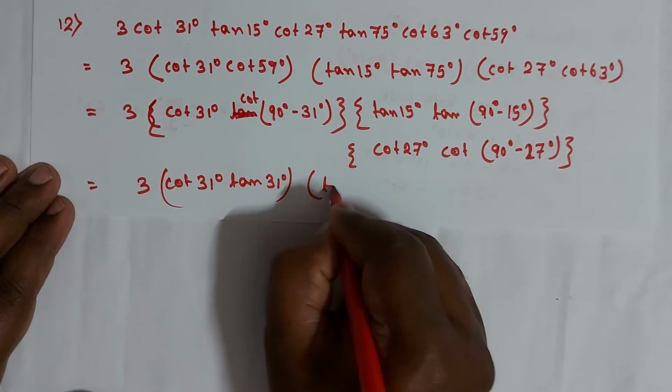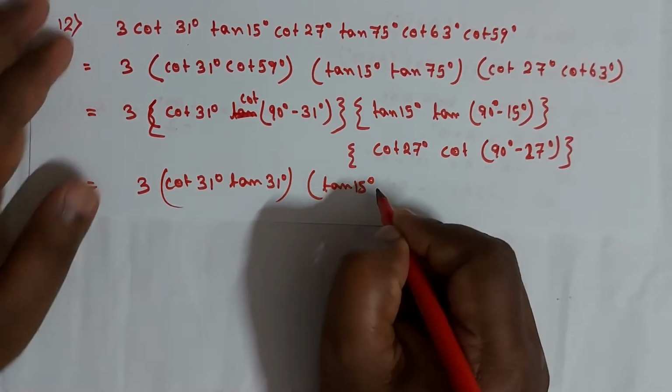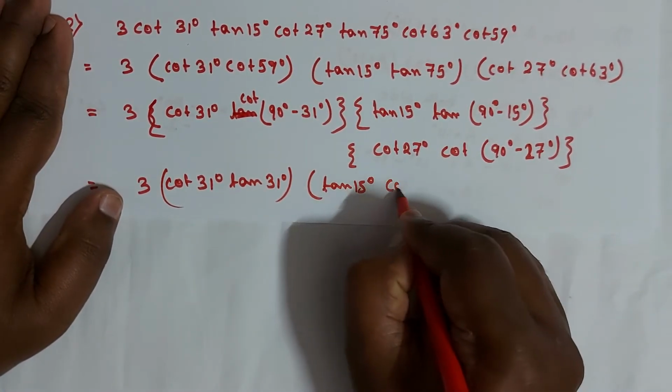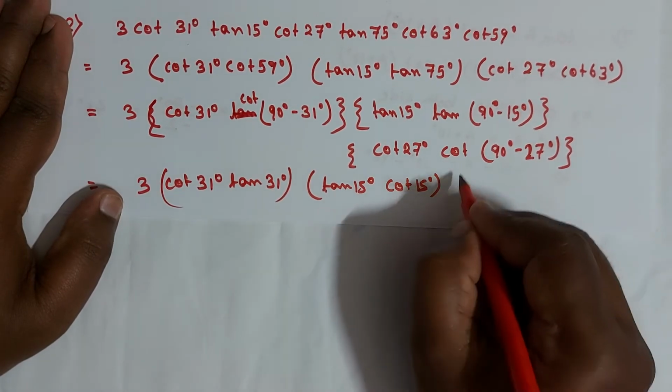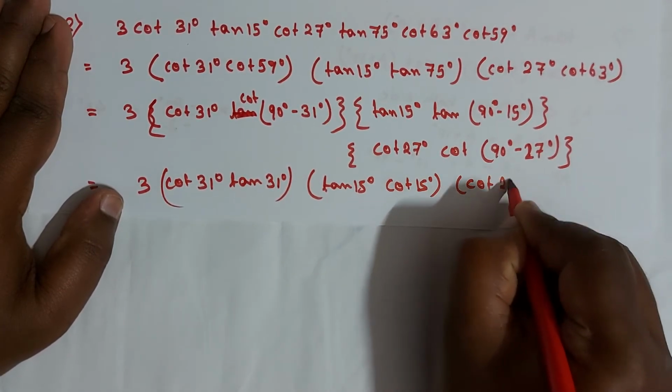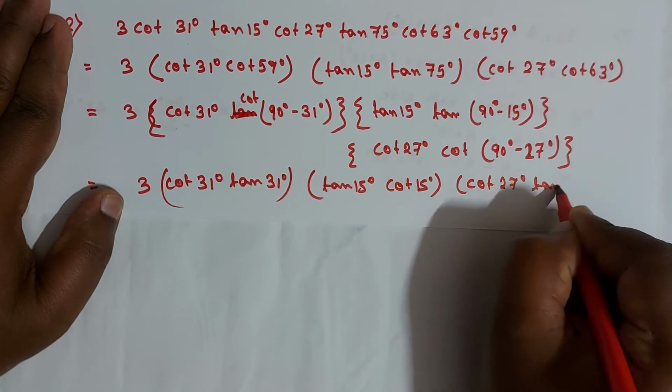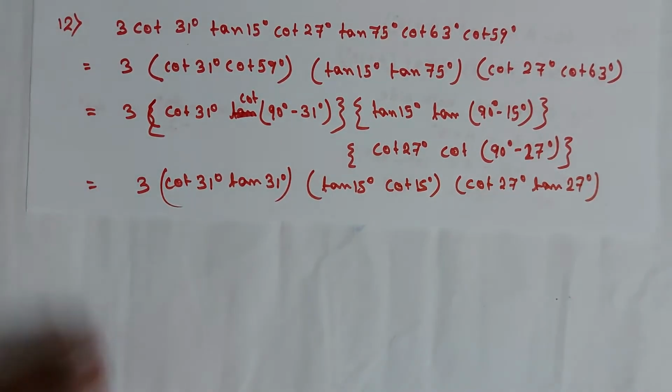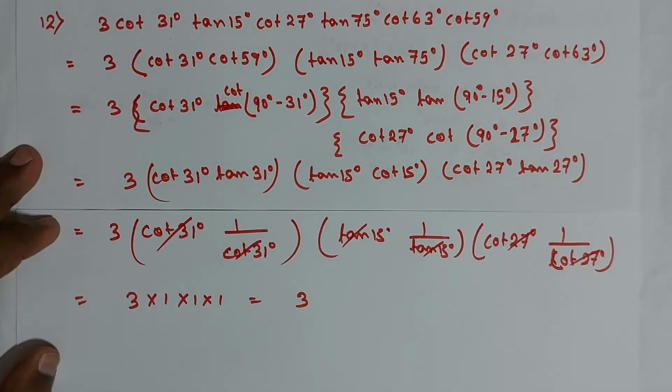Again, this is tan 15 degrees and this is cot 15 degrees. Again for this, cot 27 degrees into tan 27 degrees.